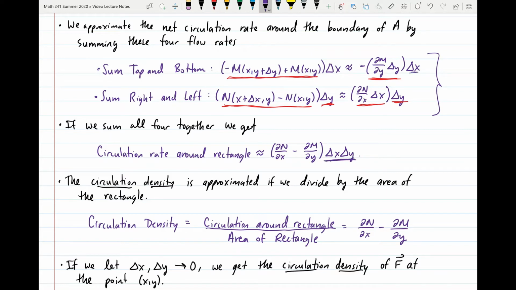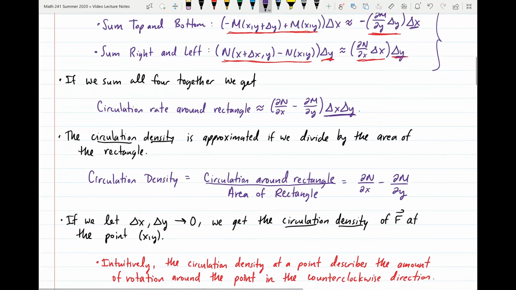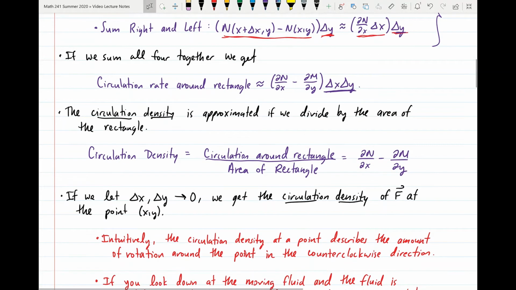So this delta x and delta y are still carrying through here. So the circulation density is approximated if we divide the circulation rate around the rectangle by the area of the rectangle. So circulation density is equal to the circulation around the rectangle divided by the area of the rectangle, which again will be approximated by the partial derivative of n with respect to x minus the partial derivative of m with respect to y.